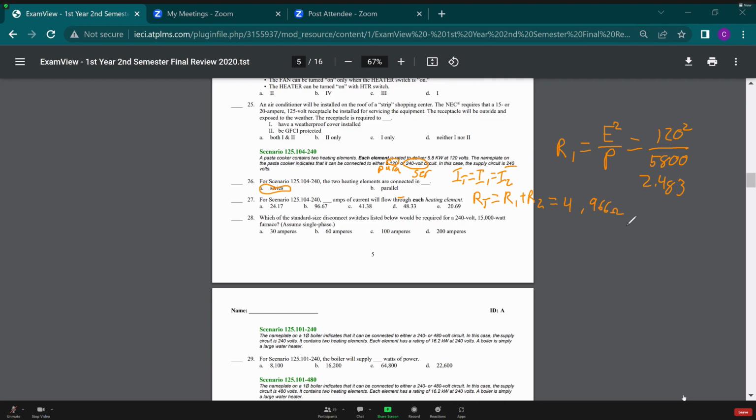Now that I have R total, I can use my E total, which is 240, and I can do E divided by R to equal I. 240 divided by 4.966.